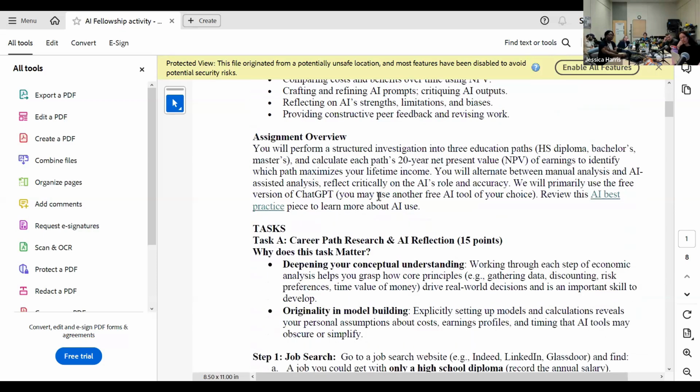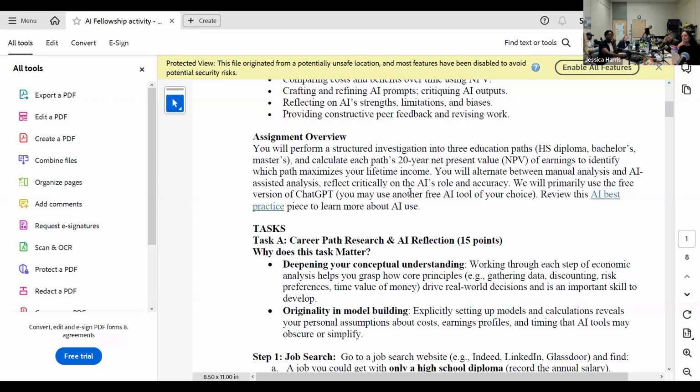Assignment overview: you perform a structured investigation into 3 educational paths, diploma, bachelor's, and master's. Calculate each path's 20-year NPV of earnings to identify which path maximizes your lifetime income. You alternate between manual analysis and AI-assisted analysis, and reflect critically on AI's role and accuracy.